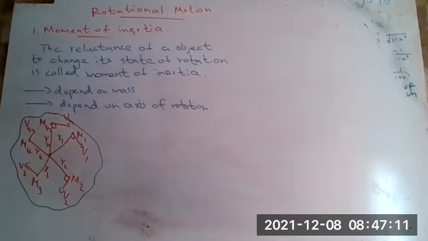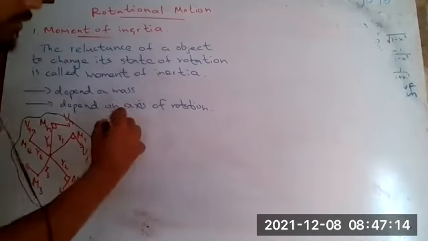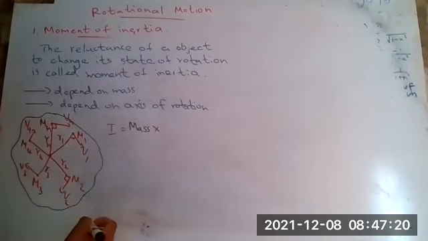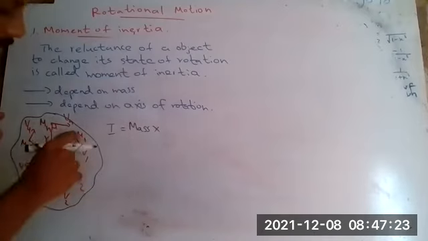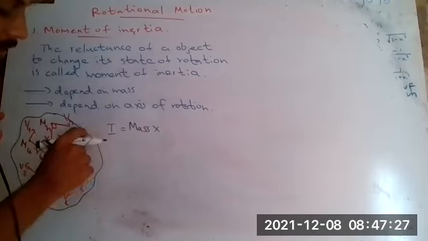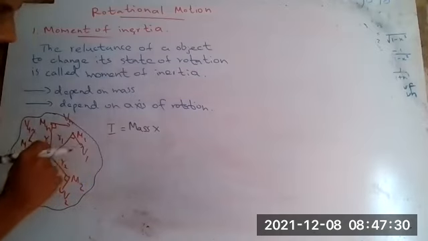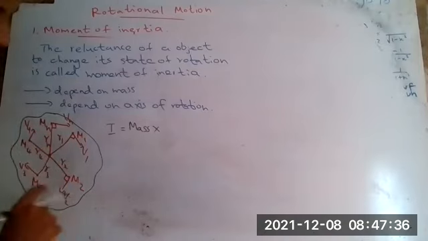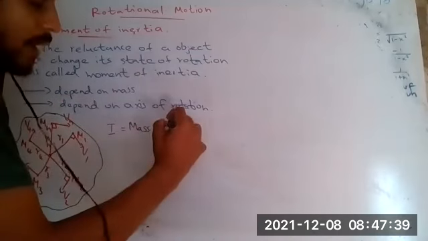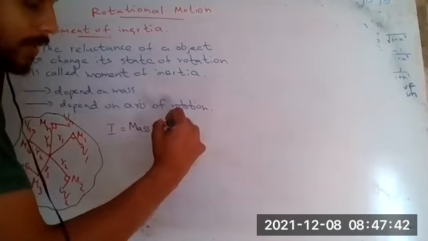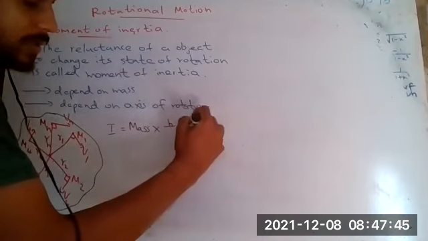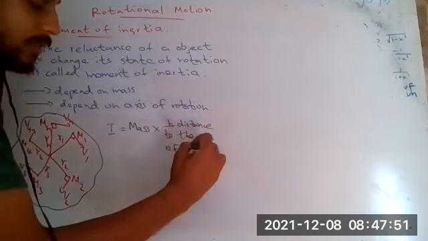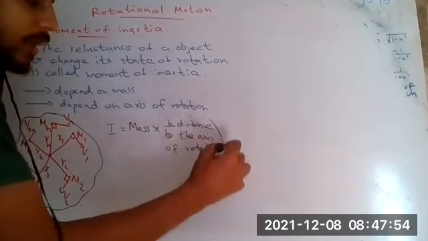Right. Now this is how the inertia is taken. Inertia is called I. I means mass multiplied by the perpendicular distance to the axis of rotation, squared.